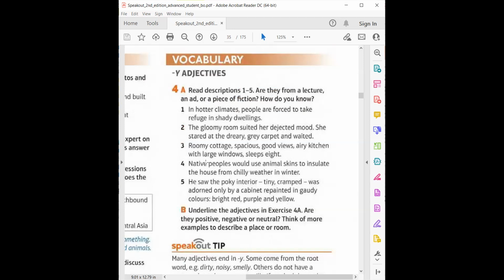Here you have 5 descriptions, and I want you to decide if these descriptions are from a lecture, which is like a class in university, or an advertisement, which is like a place where they advertise for something, or a piece of fiction. Fiction is like a story, right? An imaginary story. And why do you think so? So please read them, all 5 of them, and try to guess.